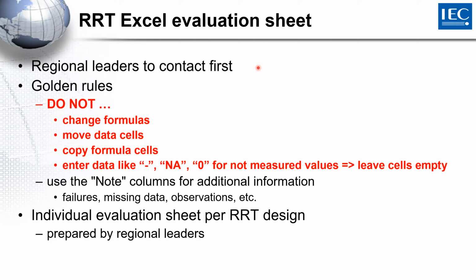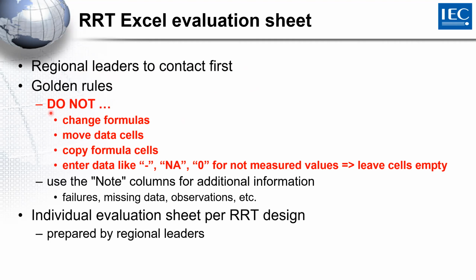So they are pre-filled. And in case you have questions or problems, the first thing is that you should call your regional leaders first. And if they can't solve the problem, they will come back to me and we will see to solve your problem, if there are any.